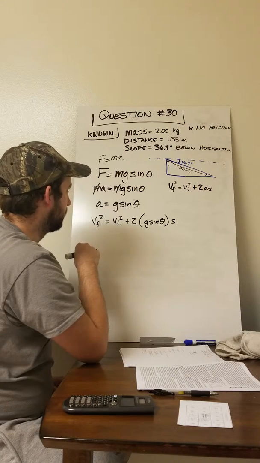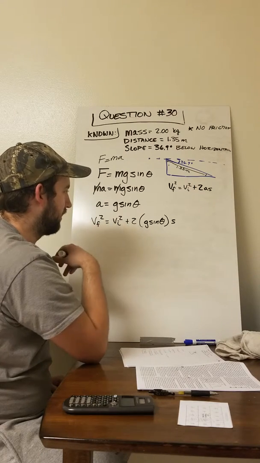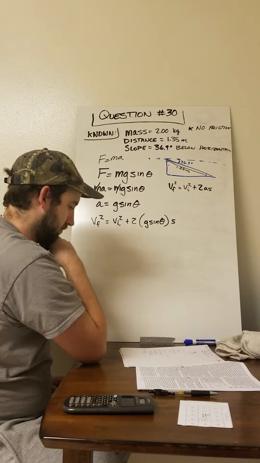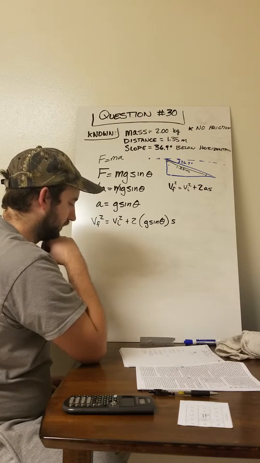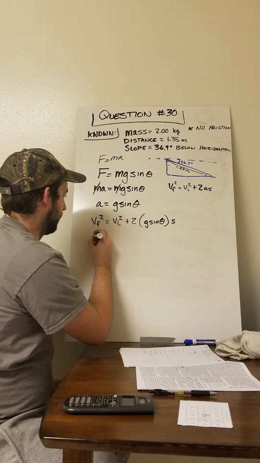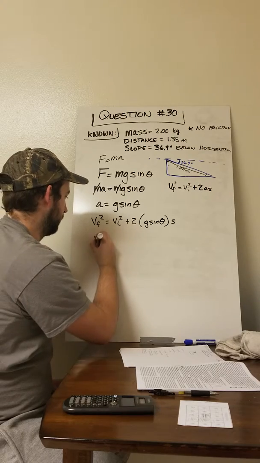What we can do now is plug everything in that we have, just to make it easy on ourselves, and we'll end up with the final velocity, which we don't know.